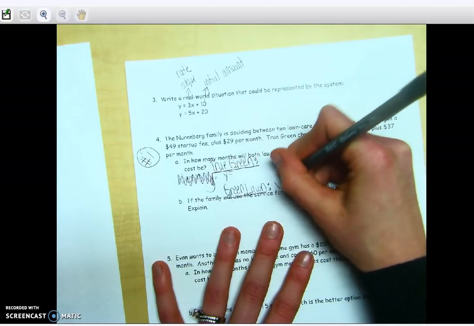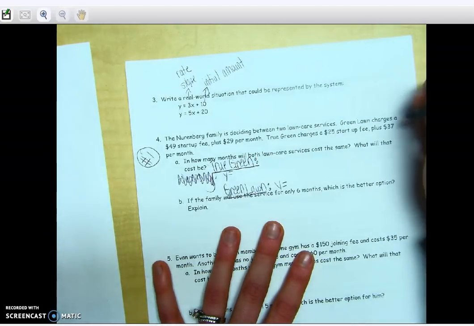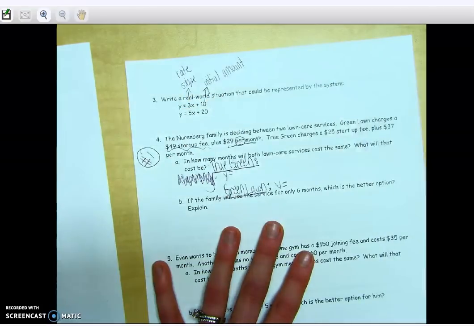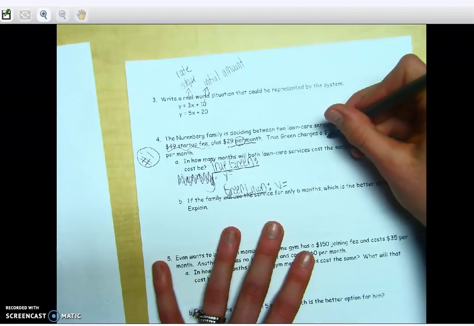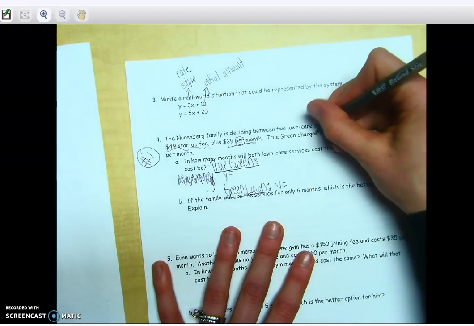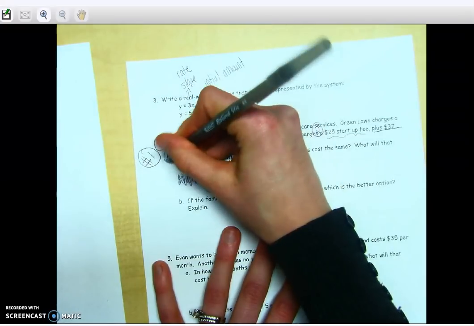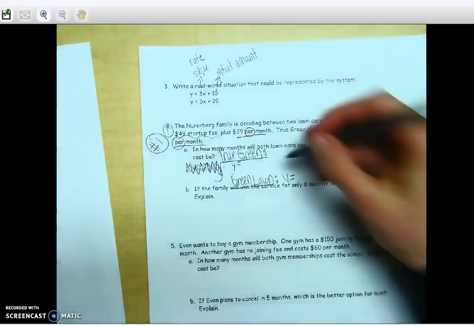So you're going to have to write 2 different y equals equations. Remember, the words per month mean your slope, and then you have a startup fee, and then you have the same thing for equation number 2, right? Remember, per means slope.